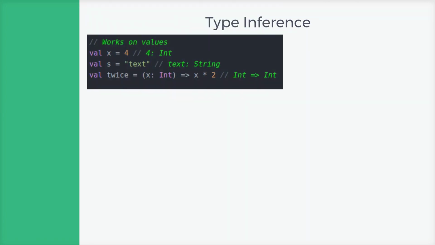Talking a little bit about type inference, in the past I told you that a good thing about Scala is that most of the times you are not required to write the types for the values or functions. And we can see here that in the first example the compiler has detected that x should be an Int. The value s is a String.